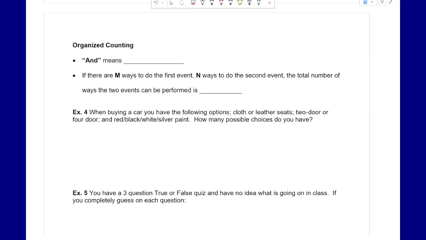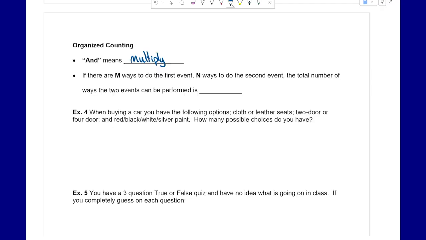Organized counting follows the principle that the word and means to multiply. So if we're making choices and it's one choice and another, then that signifies that we have to multiply, right? If we think of answering 3 questions, you answer the first question and the second and the third.